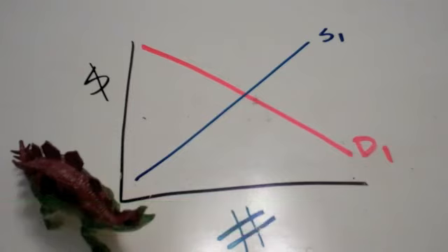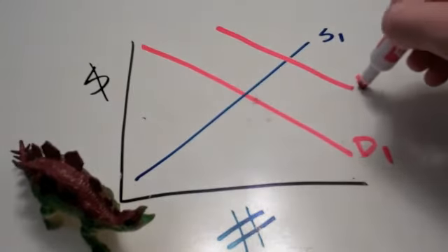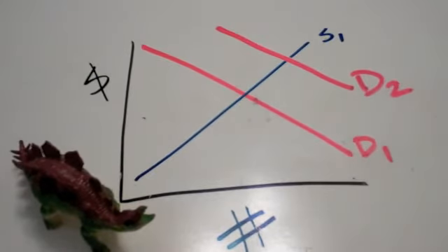So if there's an increase in demand, you shift the curve to the right. So we're going to shift our demand curve to the right here. Boom, look at that. Now consumers are willing to buy more dinosaurs at each and every price. What does that do to the equilibrium price?